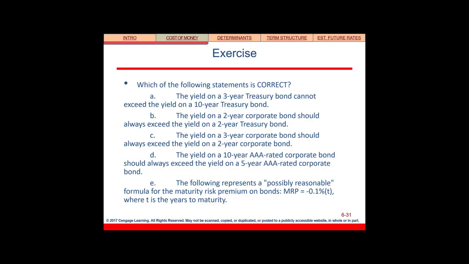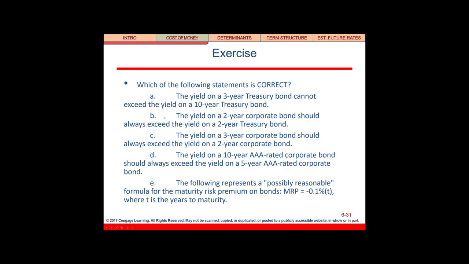Clearly, the 10-year treasury bond is going to have a higher maturity risk premium because it has a longer maturity. But we don't know whether the 3-year treasury bond will have a higher inflation premium than the 10-year treasury bond or not, because it's an average of the inflation rate in the maturity before it expires, right?